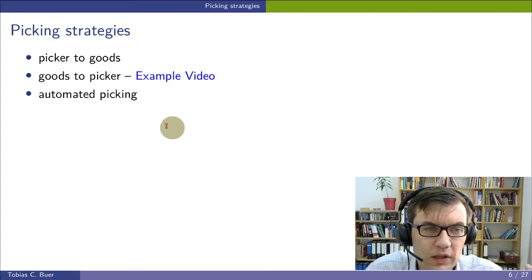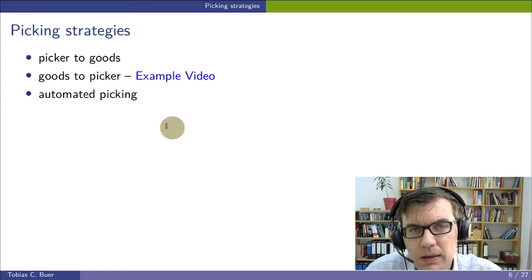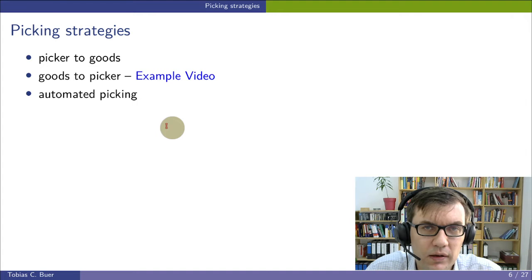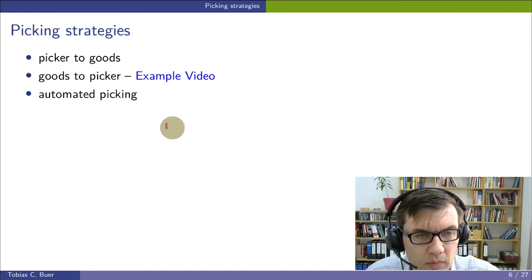So which of these 3 approaches is the best heavily depends on the context in which you operate your warehouse, what type of orders are coming in, how quickly they have to be handled, and how expensive the human labor is versus the investment in capital goods. The most common approach is the picker-to-goods approach.